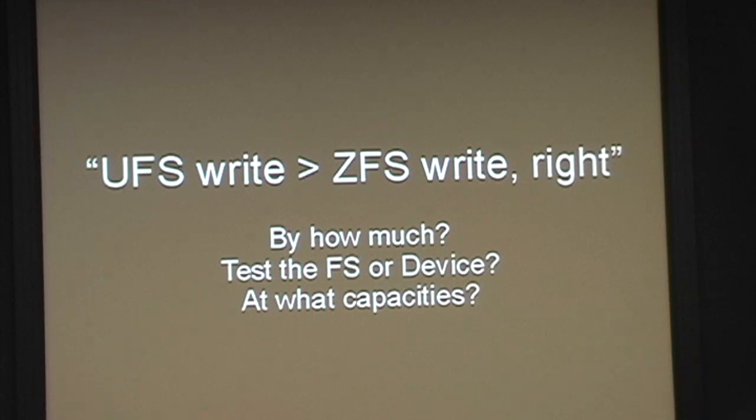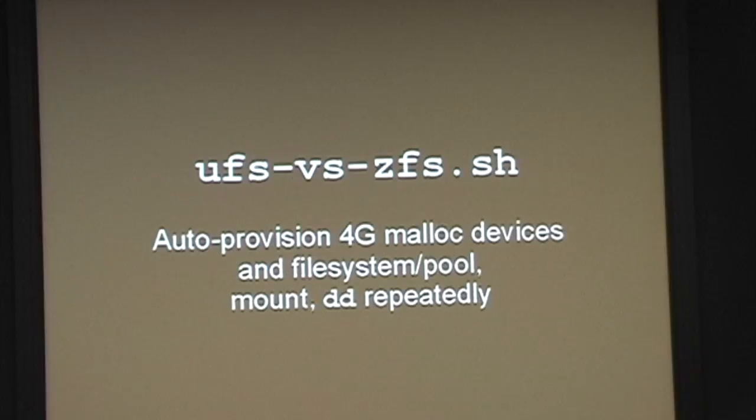So when running these tests, are you testing a file system or a device? If you're using DD, are you aiming it at a file system or a raw device? They may perform very differently. And for example, does a given file system change its behavior depending on how full it is?